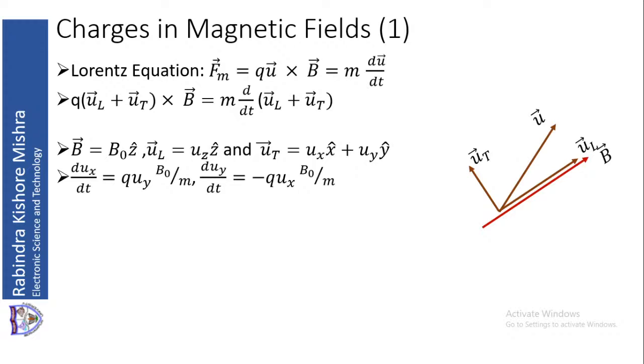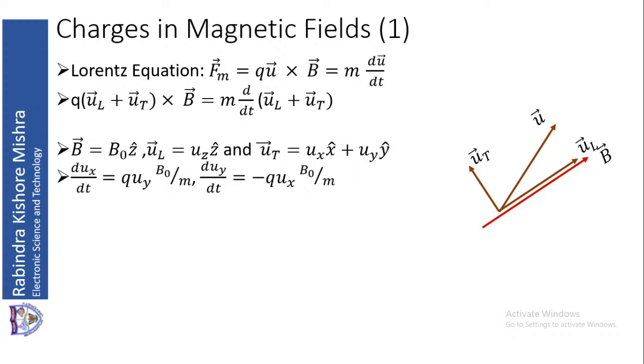That comes from the above equation: q (ul plus ut) cross b is equal to m d by dt (ul plus ut). Taking each vector separately, I get q ut cross b is equal to m d by dt ut.